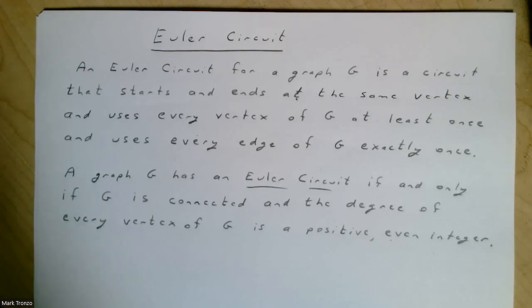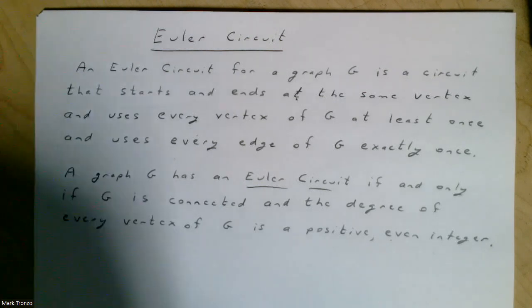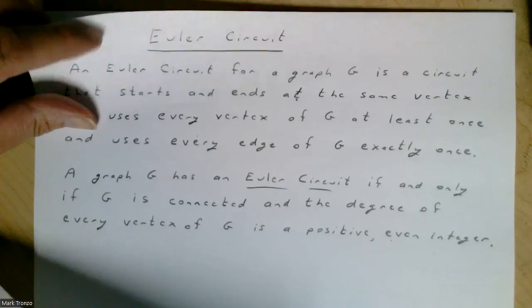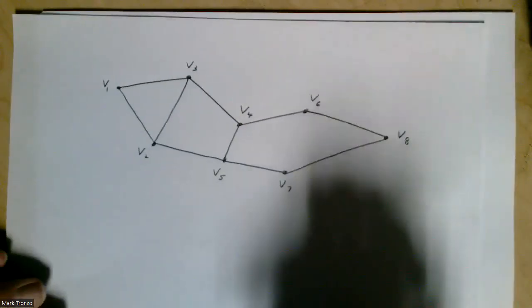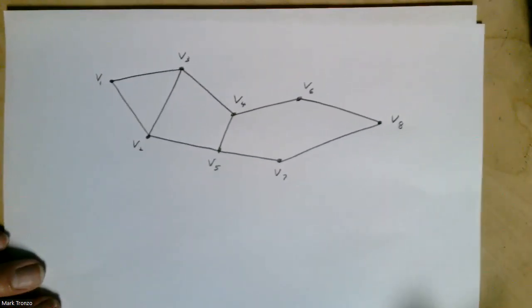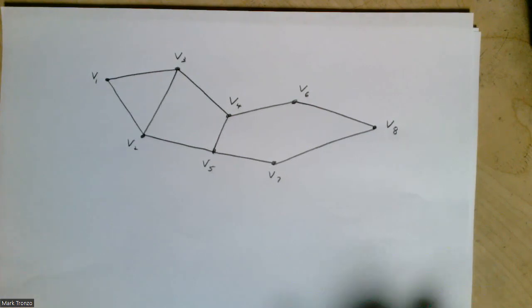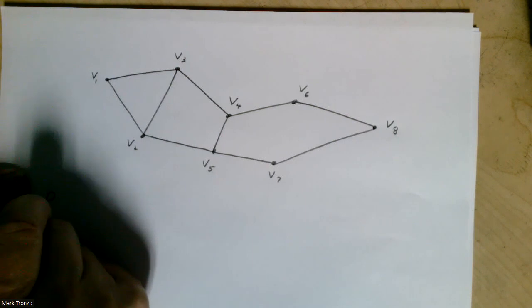So let's take a look at a couple of examples here. Let's take a look at this one right here. Does this have an Euler circuit?